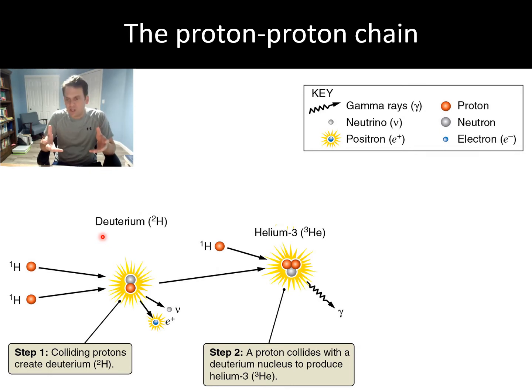So no transmutations, no conversions of protons to neutrons occur at this stage. The deuterium nucleus and proton just stick together. Because of that attraction, they release some additional energy in the process, and that comes off in the form of a gamma ray, which, just to remind you, is a very high energy photon. Remember, gamma rays are the highest energy portion of the electromagnetic spectrum.